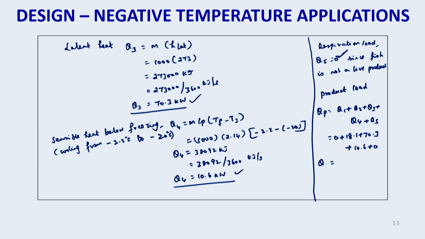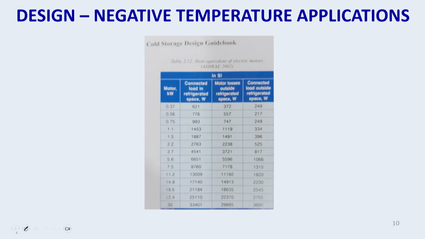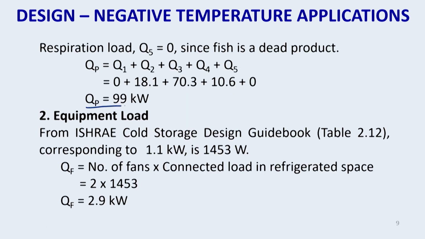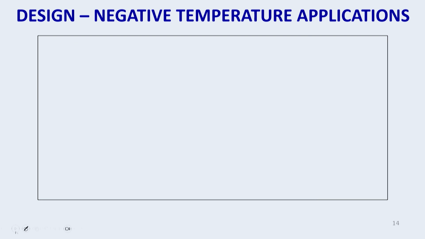So when we add, the total product load comes to 99 kilowatts. This is the calculation, 99 kilowatts. Next, the second load is equipment load.